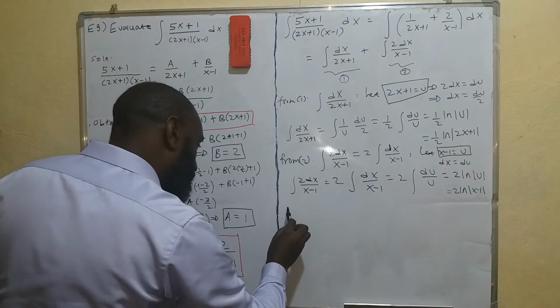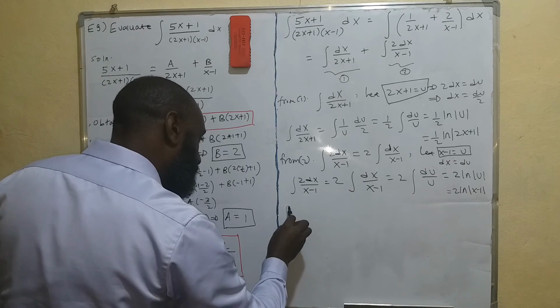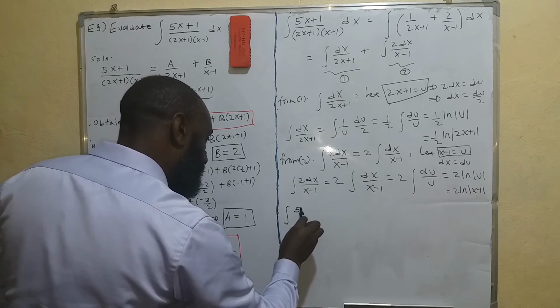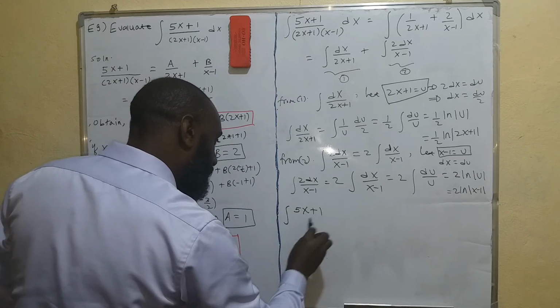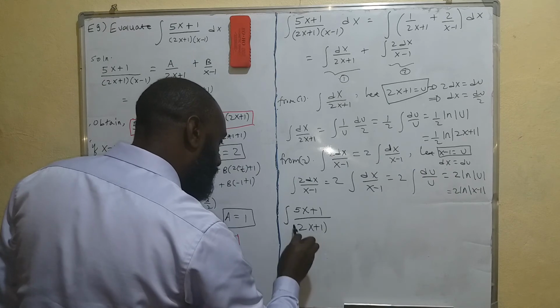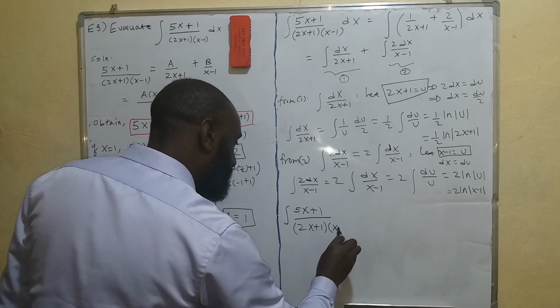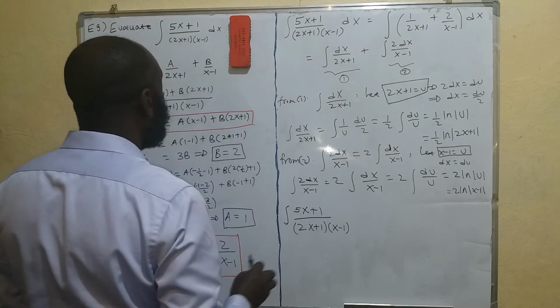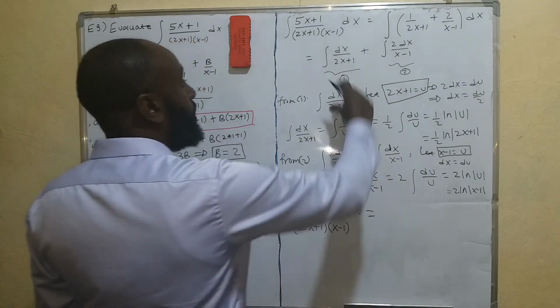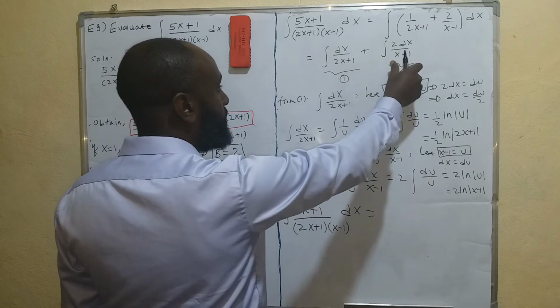So the integral of (5x plus 1) over (2x plus 1)(x minus 1) dx is equal to the sum of 1 plus the sum of 2.